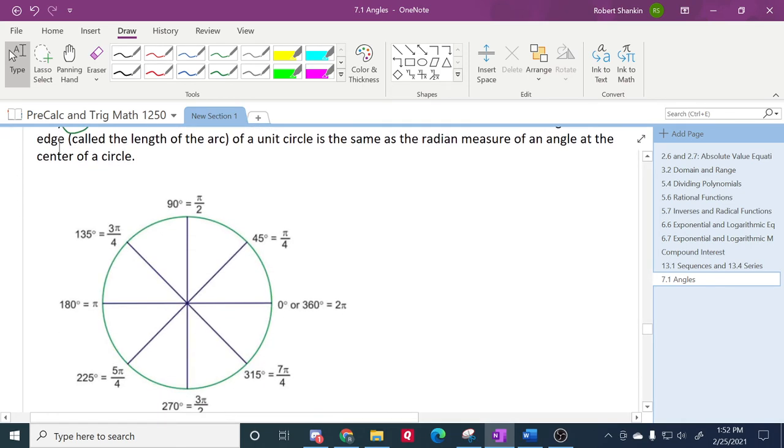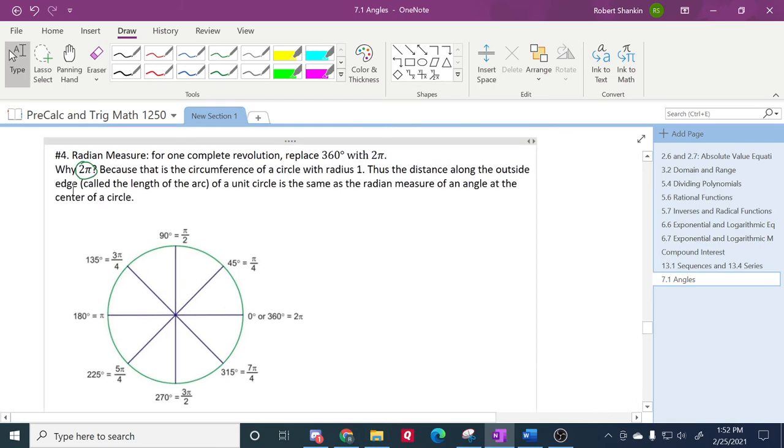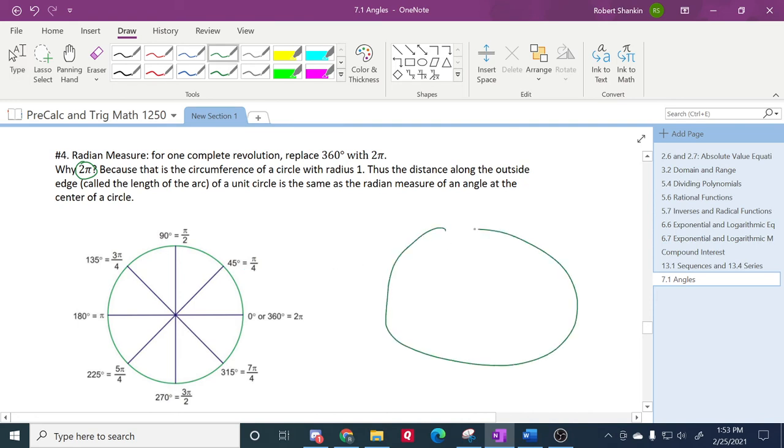So, for instance, let's look here. We take a general unit circle and we say, all right, we're always going to start as if the initial side were in standard position. And then we rotate. Positive direction is counterclockwise.